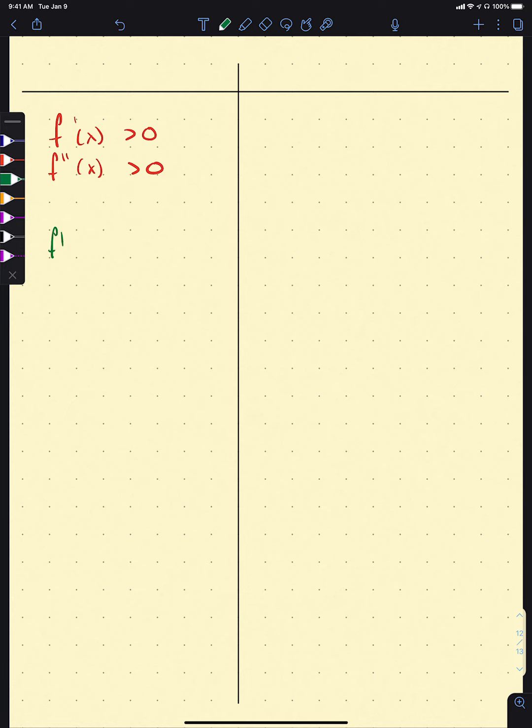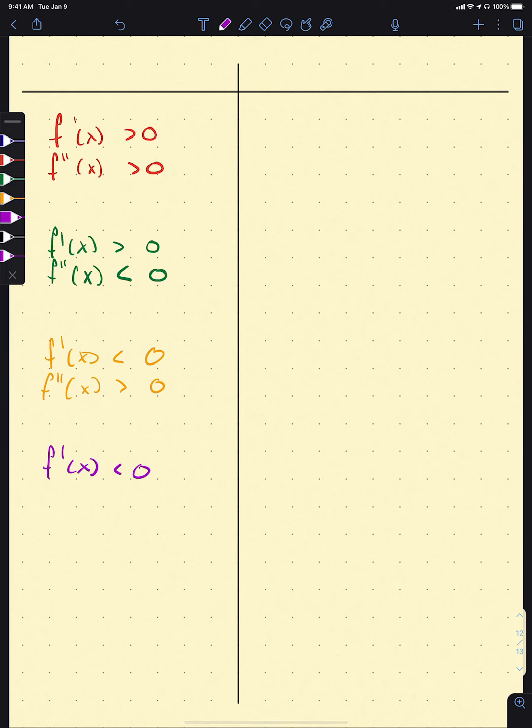We can have our first derivative positive and our second derivative negative. And then I'm sure you can guess where these are going: negative and positive. And then the final case, first derivative negative and second derivative negative.